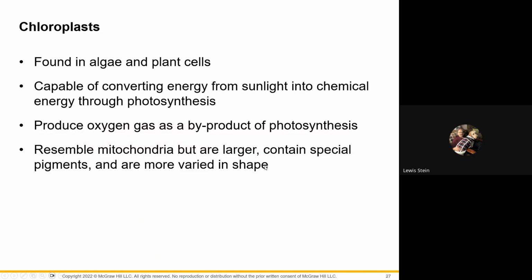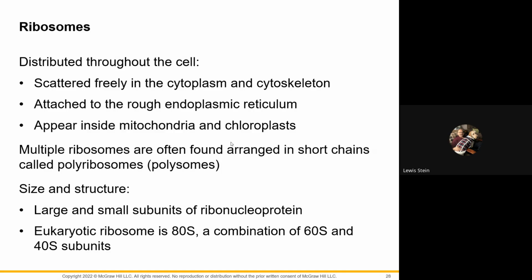That's really important. Chloroplasts, like microplants, algae, photosynthesis, resemble mitochondria but are larger and contain special pigments. If they have chloroplasts, they also have mitochondria. In plants, they have to have both. And the ribosomes, again, are 70S. Nothing special about that.